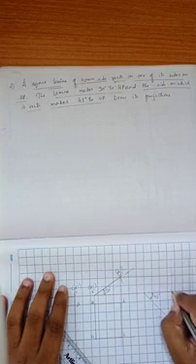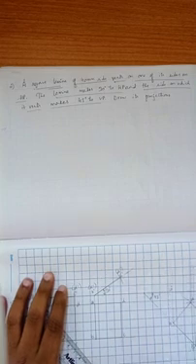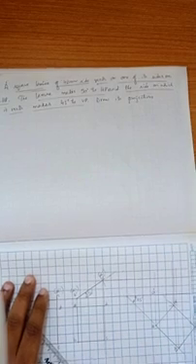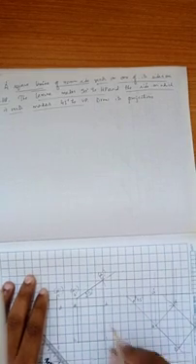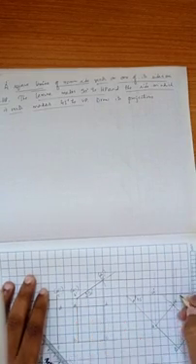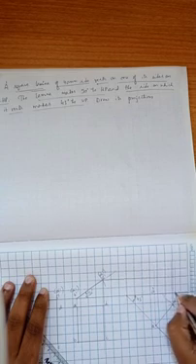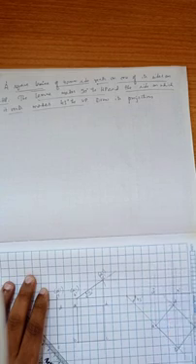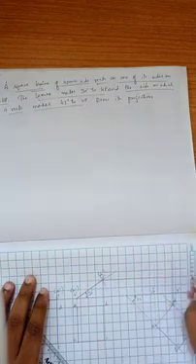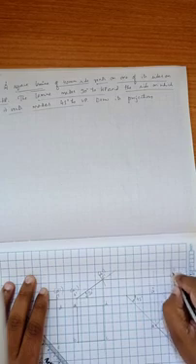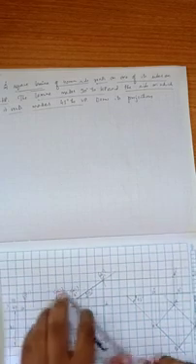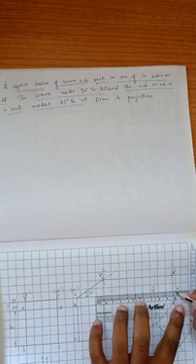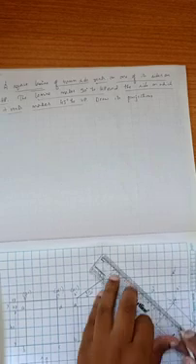They merge exactly here. This is A dash. Similarly we have B and B dash. These two merge here. This is B dash. Similarly C and C dash merge here, C dash. Similarly D and D dash merge here, D dash. Now we have to complete the final position.